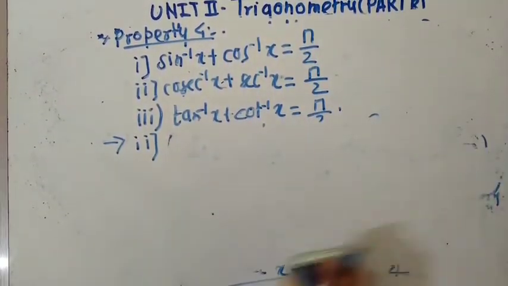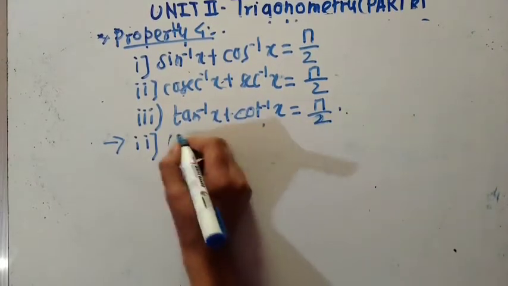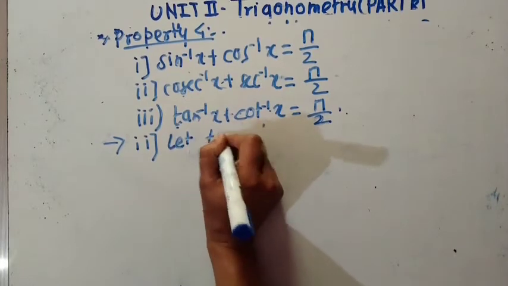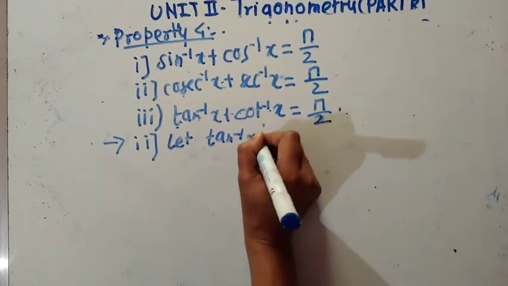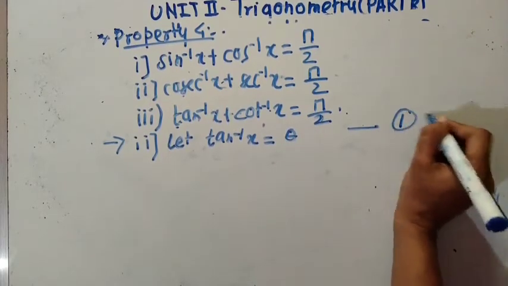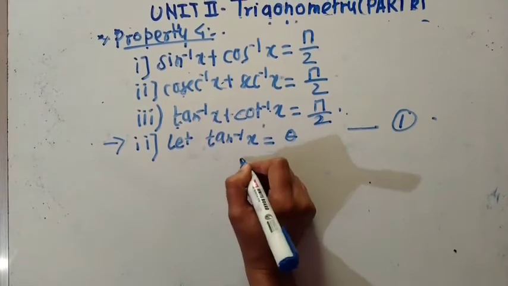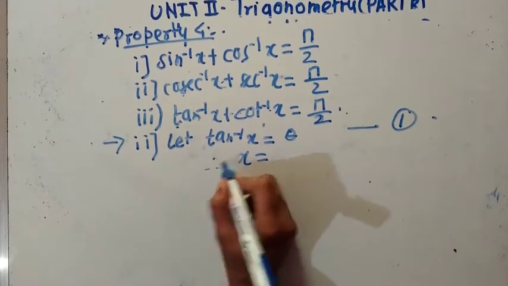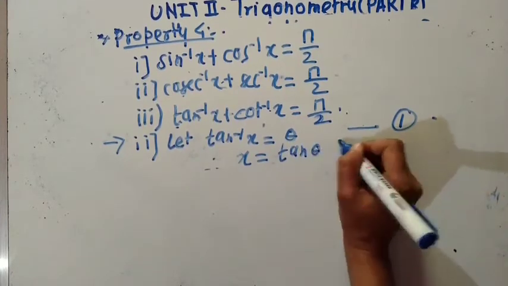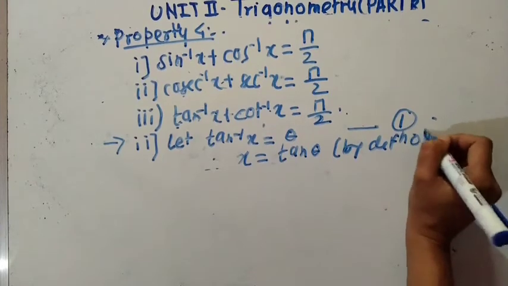Then we give the third example. Let us consider tan inverse of x is equal to theta, the first equation. Hence by definition of inverse function, x is equal to tan theta.